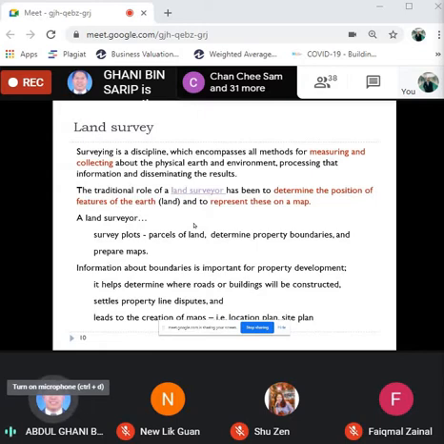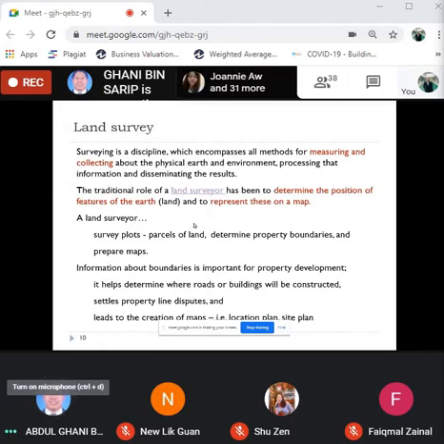If you want to determine the boundaries and the exact measurements of a property, of a site, we have to rely on a land survey to provide that.